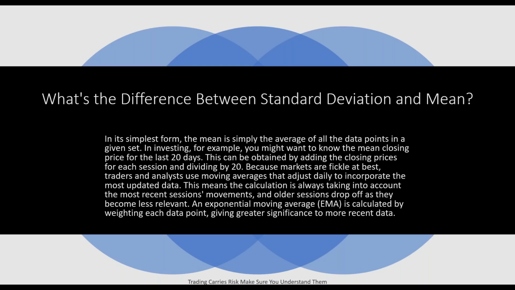So in its simplest form, the mean is simply the average of all data points in a given set. In investing, for example, you might want to know the mean closing price of the last 20 days, or 20 time frames, 20 hours, and we would just call this a 20-period moving average. This can be obtained by adding the closing prices for each session and then dividing by 20.